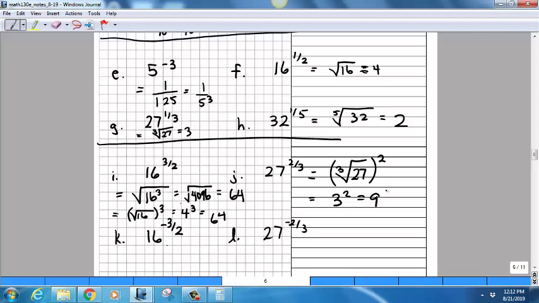Tajane, what about K? What is our answer there? What effect does that negative exponent have?